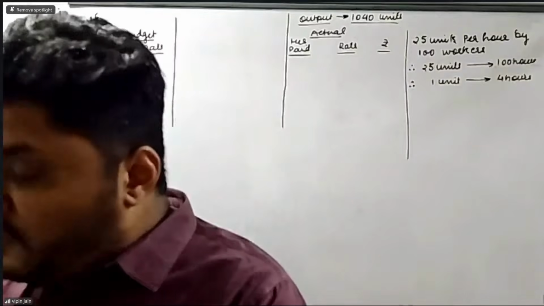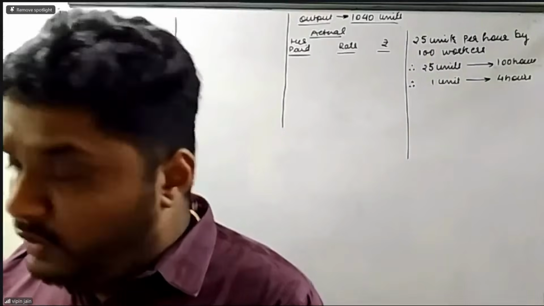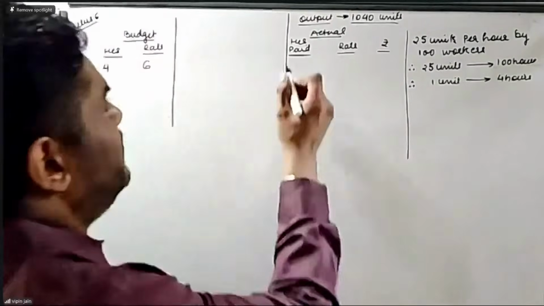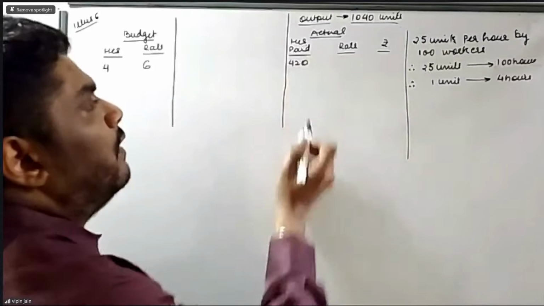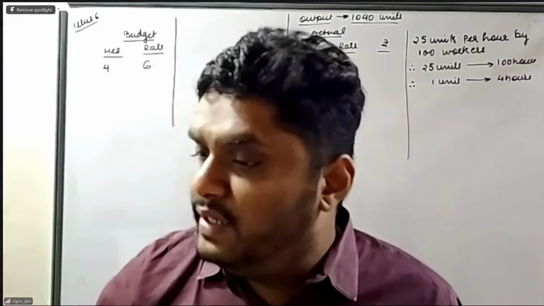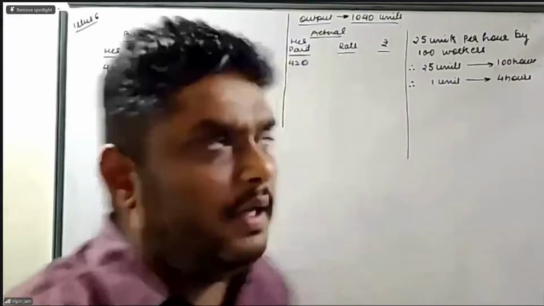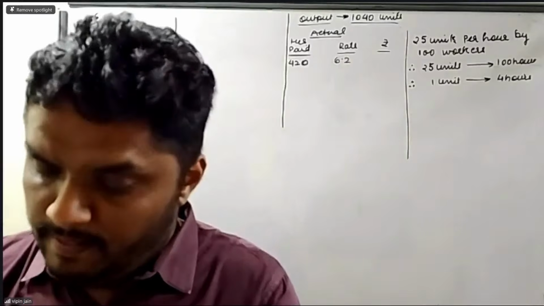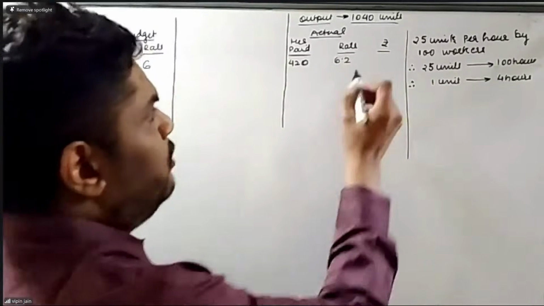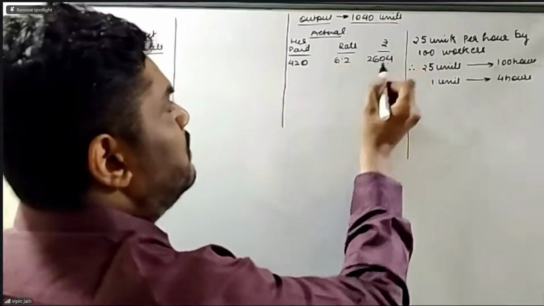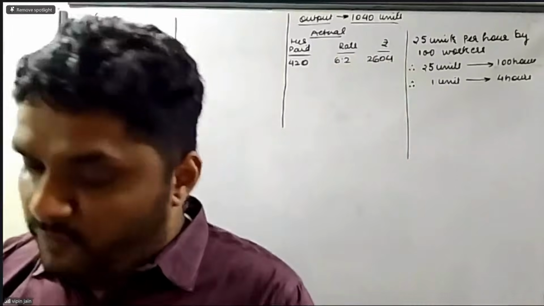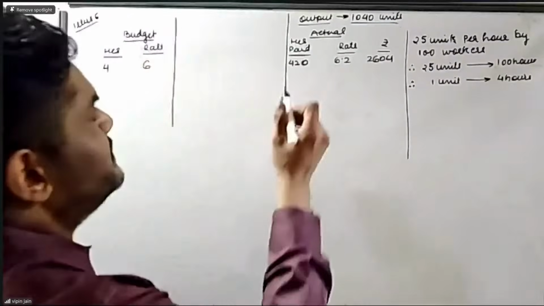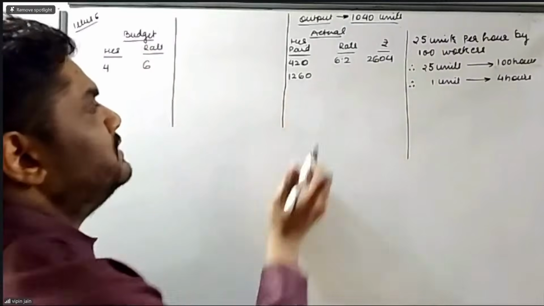Since they work for a 42 hours week, so 42 into 10. So it will be 420 hours we paid. For 420 hours, we paid them at the rate of rupees 6.2 per hour. That is, the amount paid is 2604. For 30 workers, that is 42 into 30, that is 1260 hours.